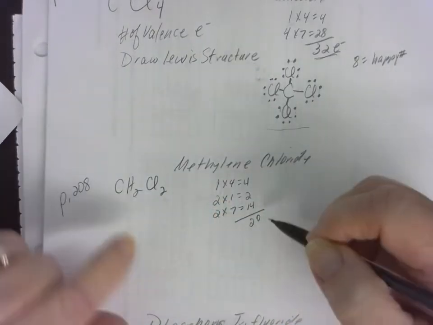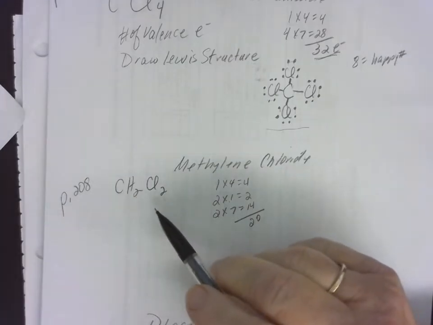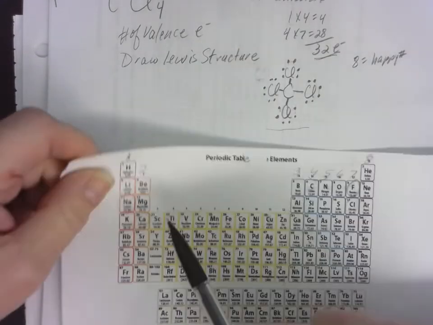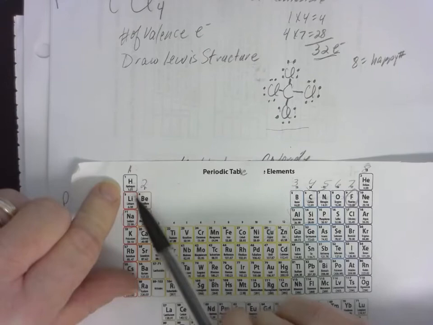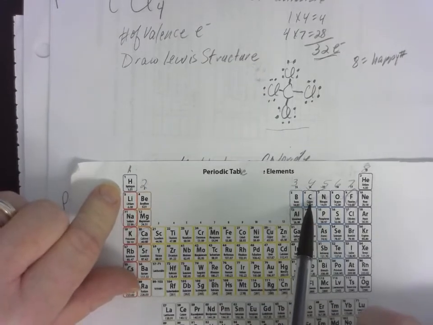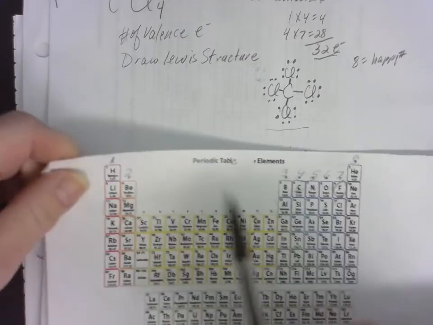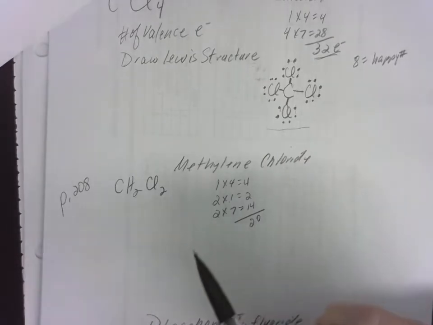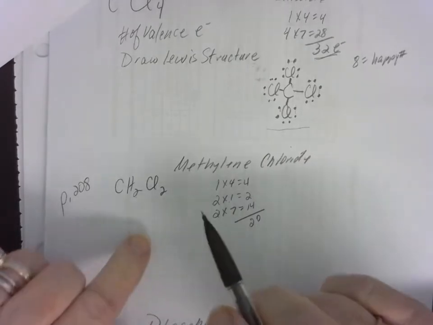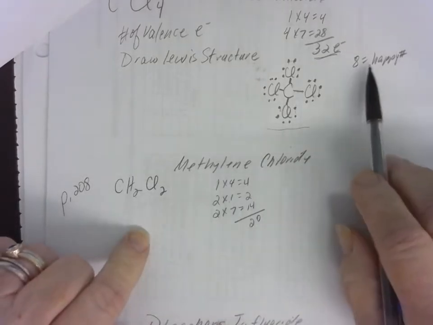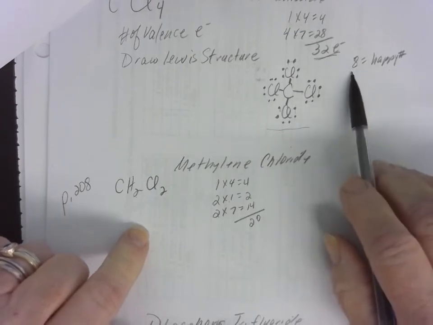So now let's put somebody in the middle. Even though hydrogen is further to the left than carbon, we can't put hydrogen in the middle because hydrogen can have only 2 electrons to share. Everybody else, well, almost everybody, is happy with 8. But hydrogen can't have 8.